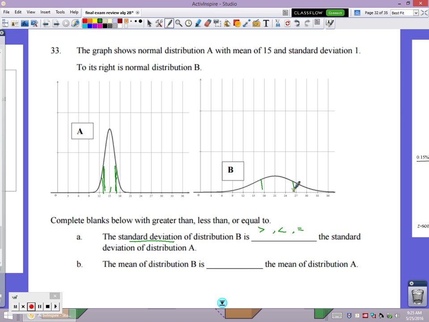So standard deviation is definitely larger on B, so it's greater than. So you would write greater than. And here, the mean of the distribution B, well, the mean here is 15, and the mean here is much higher than 15. Right? It's 21, so it's also greater than.